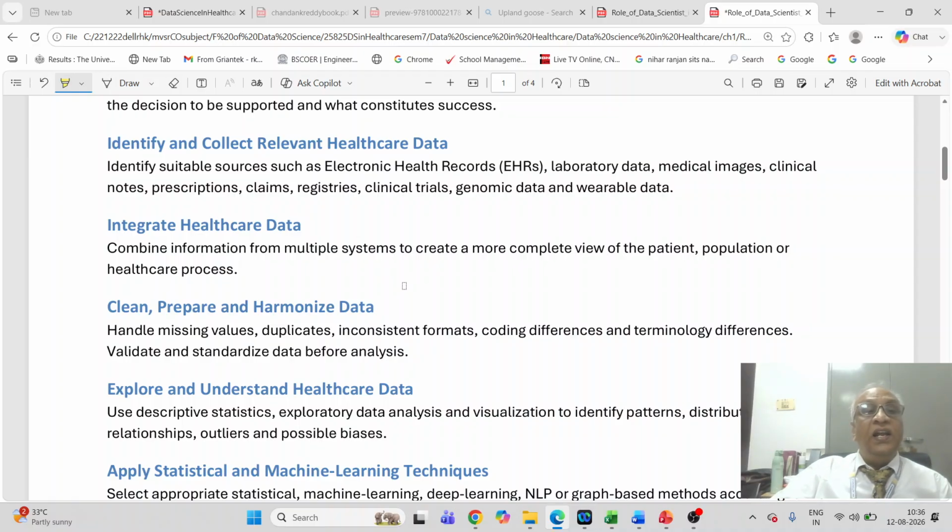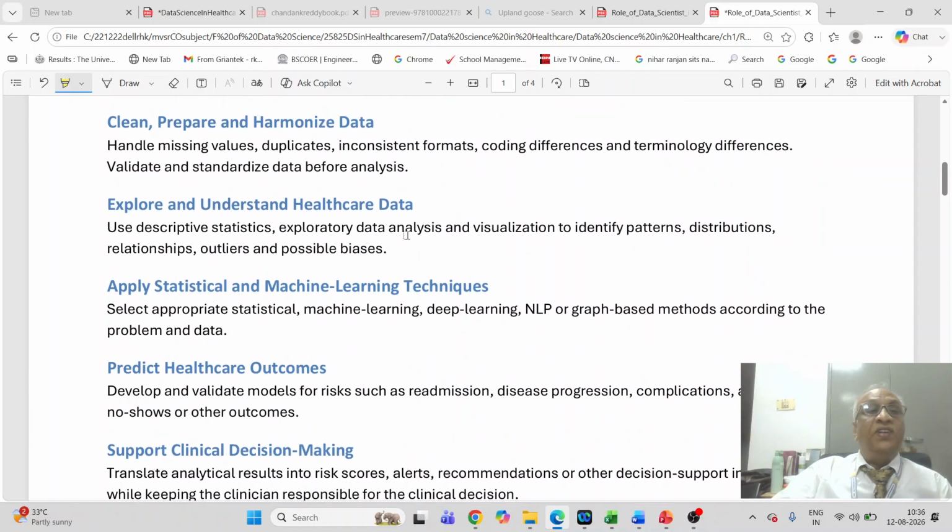Then he can integrate that data because the data is derived from multiple sources. After integrating, typical exploratory data analysis he may do for cleaning, preparing and harmonizing the data. And when he does that, he may be handling missing values, duplicates, inconsistent formats, coding differences, terminology differences, standardization, validation, etc.